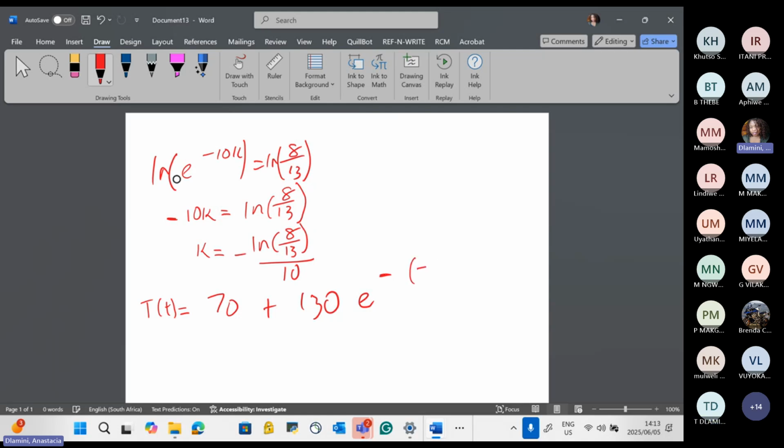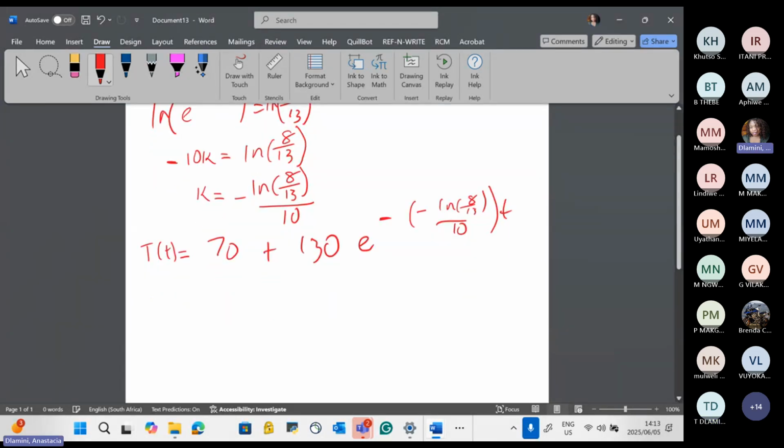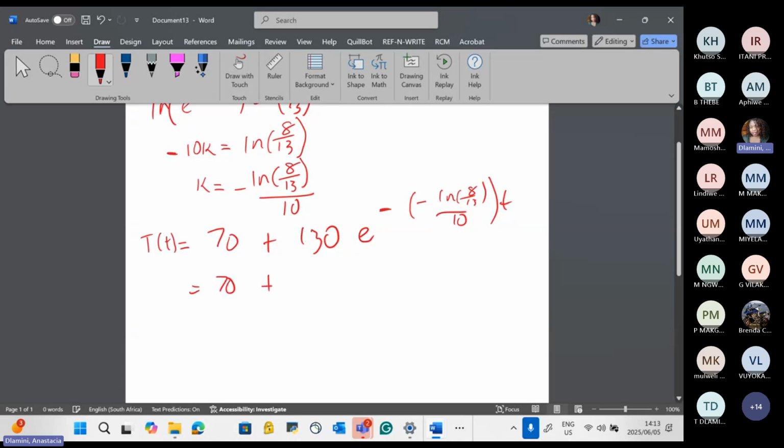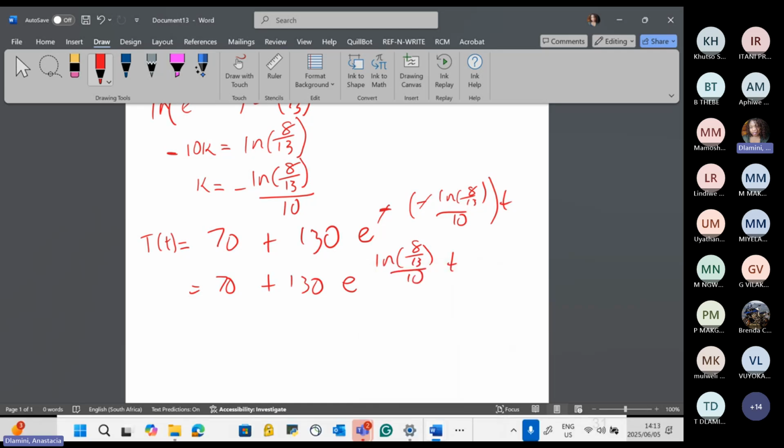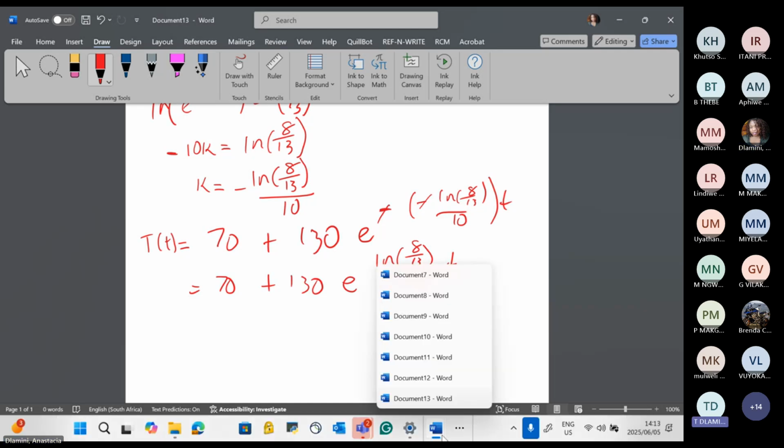Because there was a minus here, ln of 8 over 13 over 10 times t. So this equals 70 plus 130 e cancel, so ln of 8 over 13 over 10 t. Then we are done with the first one. Are we happy? Yes, ma'am.